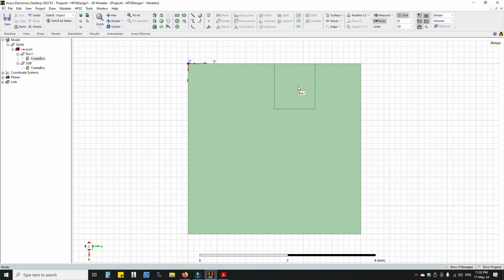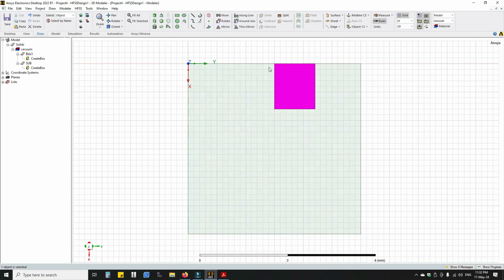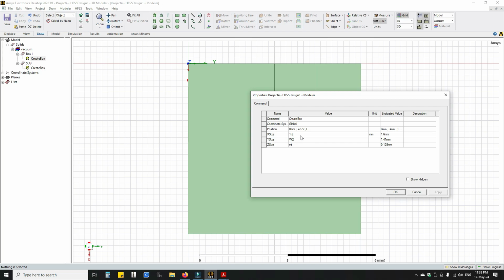Next, if you see, the entire structure is started at the middle. The box is started at the middle of the substrate, but this box is not at the middle of the substrate. So that's why I'm going to take the y direction of the substrate, W2 by 2.